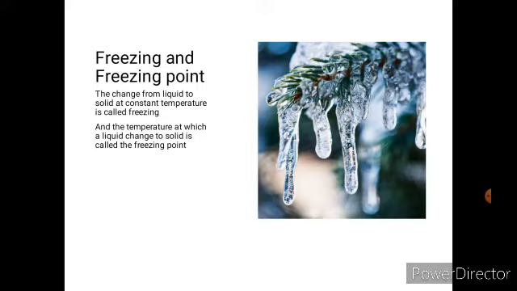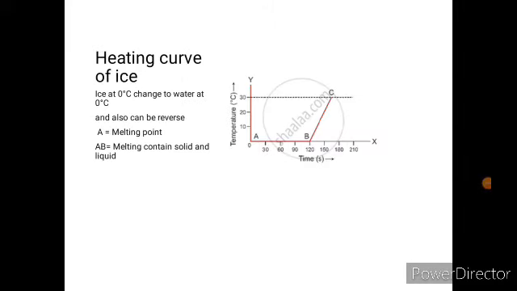Student, again now we'll be talking on our new topic, that is the heating curve of ice. We know that ice melts at 0 degrees C, and water also gets converted into ice at 0 degrees C. What is happening in between is nothing but a change in energy, happening in such a way that there is no manifestation in the temperature.